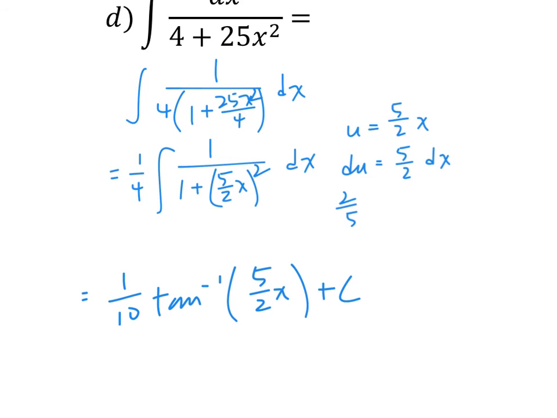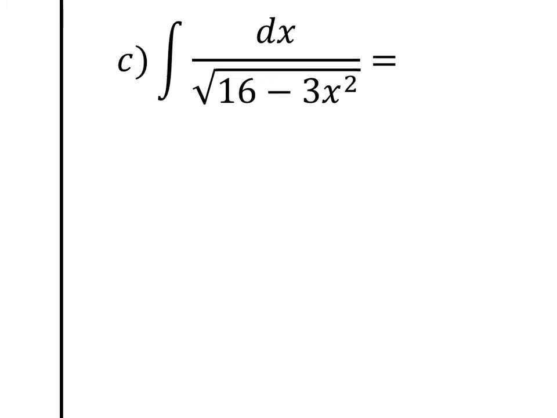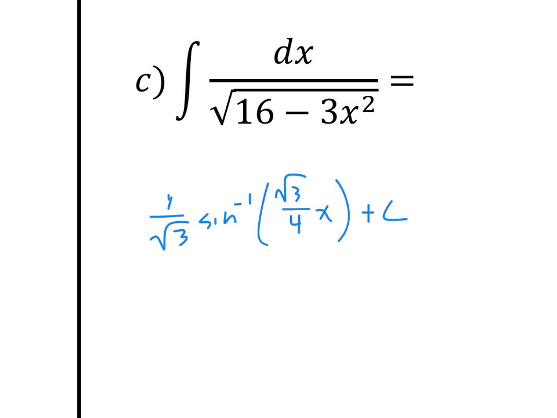Good. All right, let's try another one. This one's a little bit harder, just a little bit. 1 over square root 3 inverse sine square root 3 over 4 x plus c. So we don't have to rationalize. You don't have to rationalize. That's good to know.